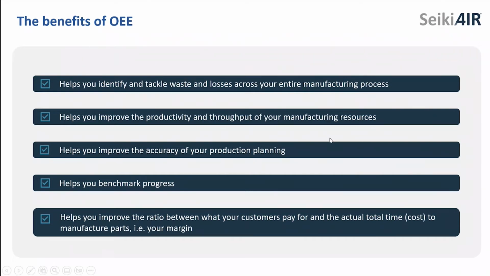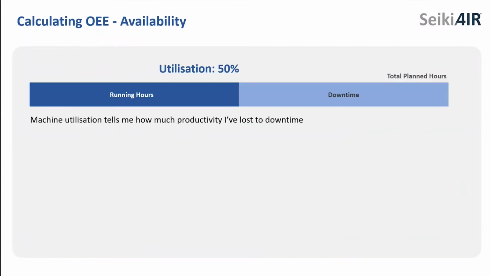So let's now take a look at each of those individual factors, and we'll start off with availability. I wanted to talk a little bit about machine utilization for a minute, because some of you may already be familiar with our machine monitoring module, but that really is oriented around utilization performance.